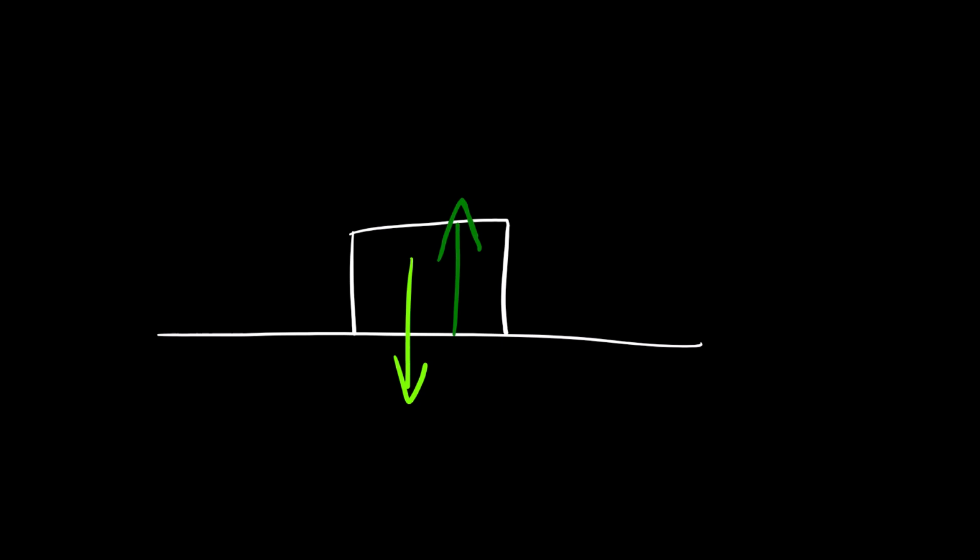So the force which is exerted by the object to the surface, it's our gravitational force or weight. And then the force exerted by the surface to the object, it's what we call the normal force. So this is the direction of the normal force exerted by the surface when we look at an object on top of a flat surface.